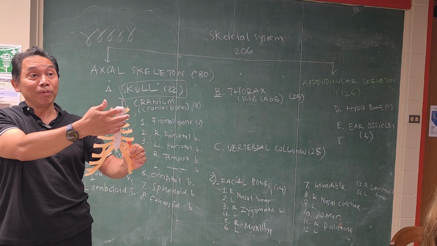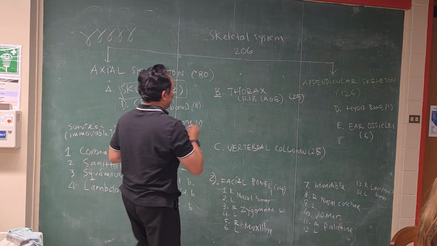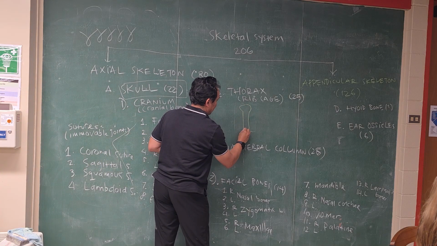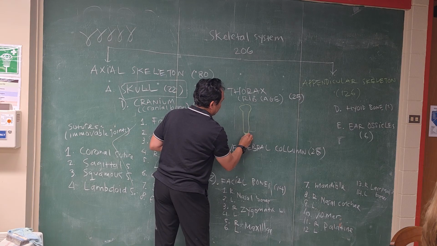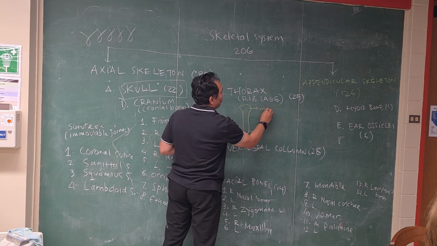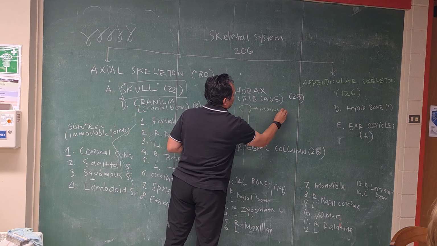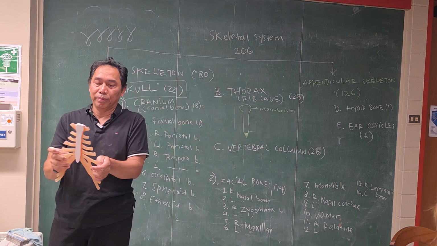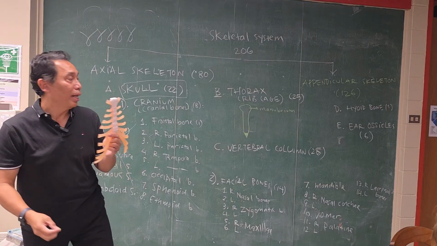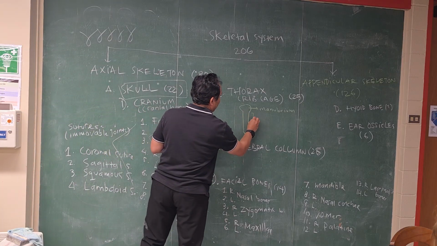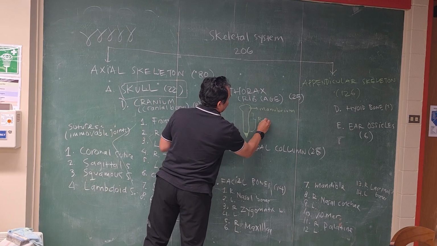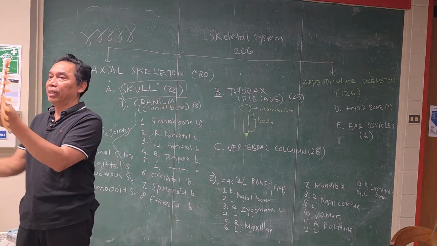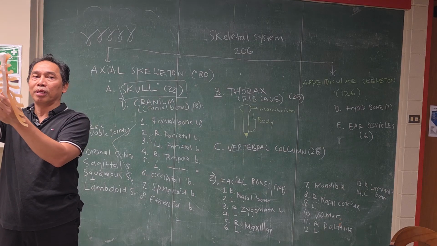The head is called the manubrium. Let's say it looks like this. Okay, and the longest part is called the body.